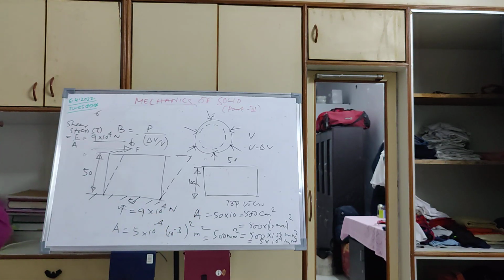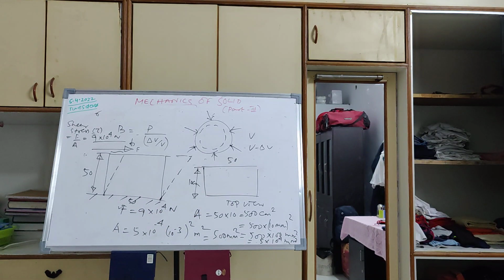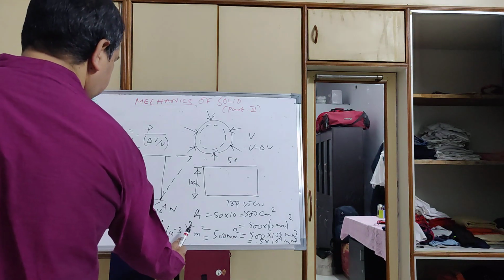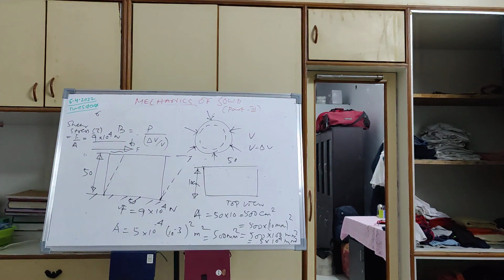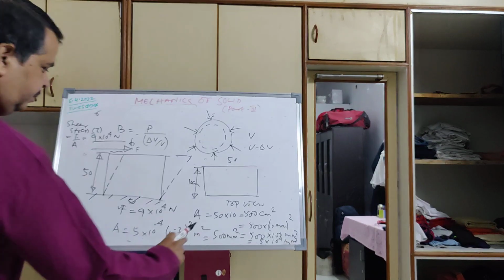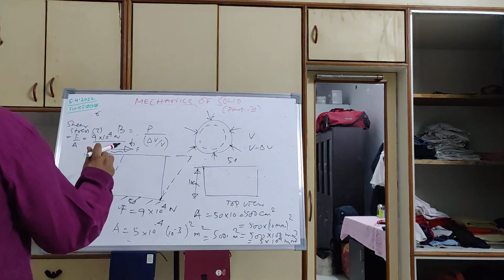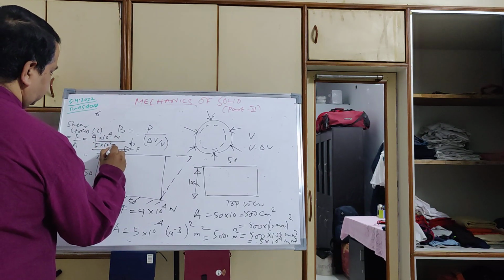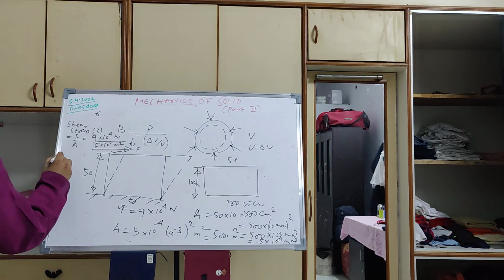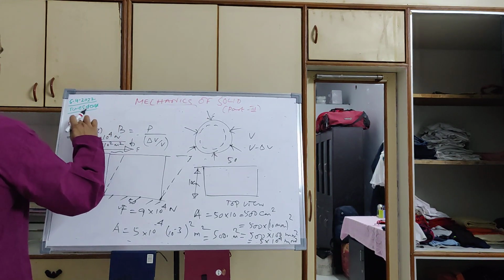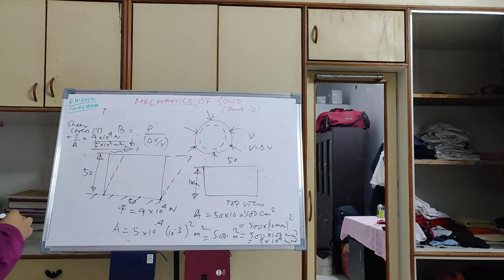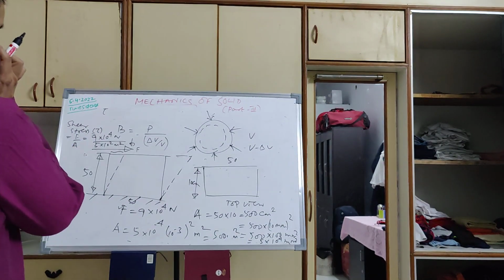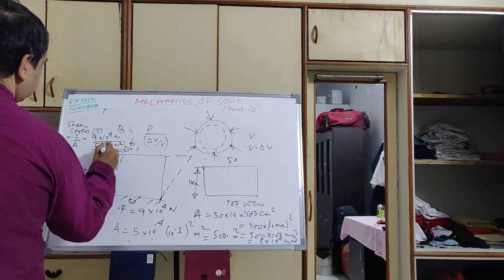That is 5 into 10 to the minus 2 meter square.